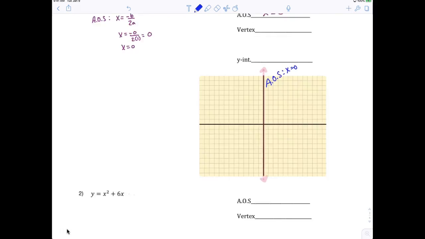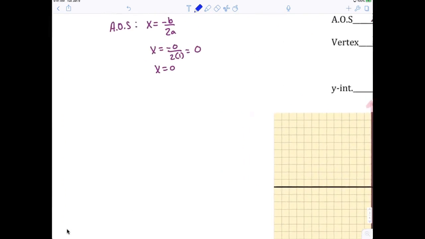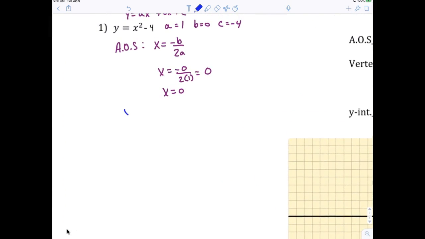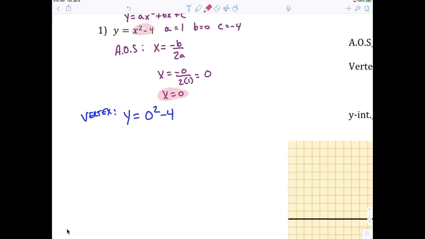All right. Now, to find the vertex, y equals 0 squared minus 4. So to find the vertex, you just plug this answer, x equals 0, into the original equation.